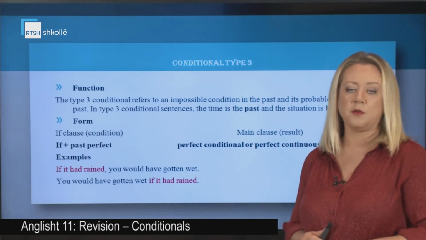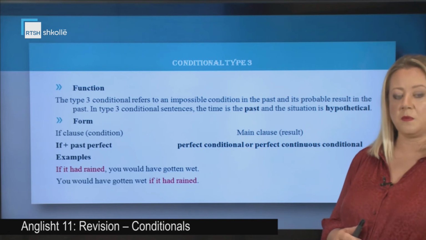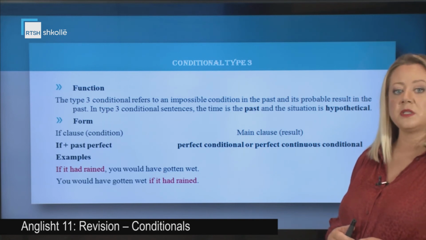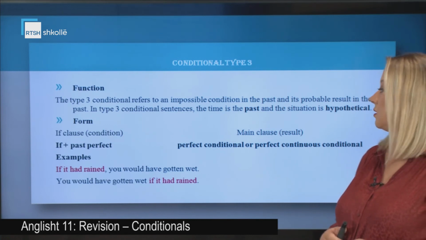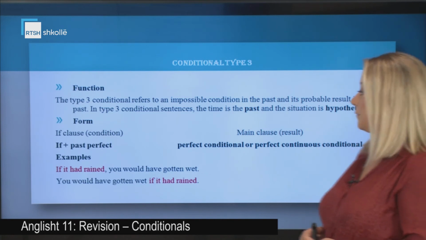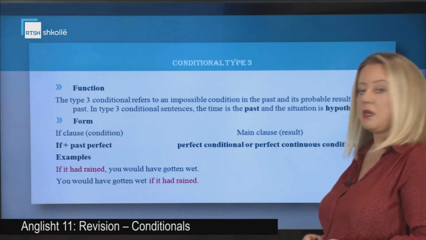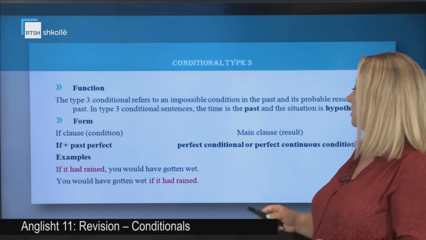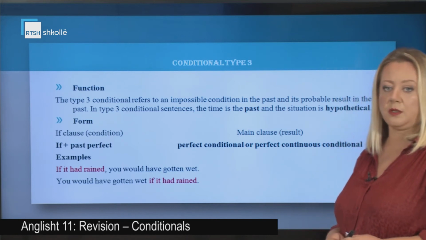And the third type of conditional. It refers to an impossible condition in the past and its probable result again in the past. The time is past and the situation is always hypothetical. It is formed with if plus past perfect this time in the if clause, and in the main clause the perfect conditional or the perfect continuous conditional.